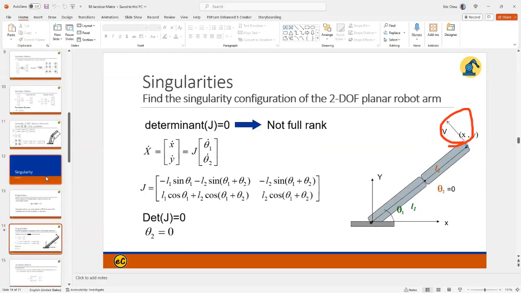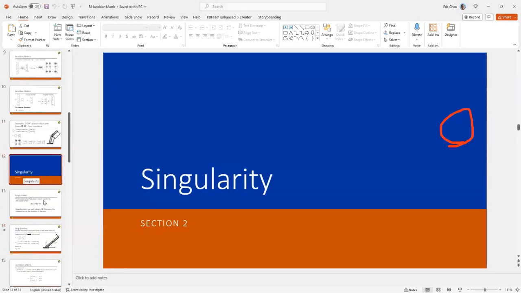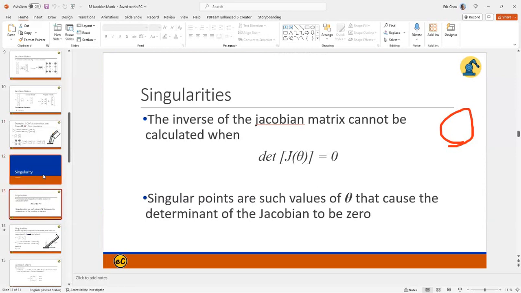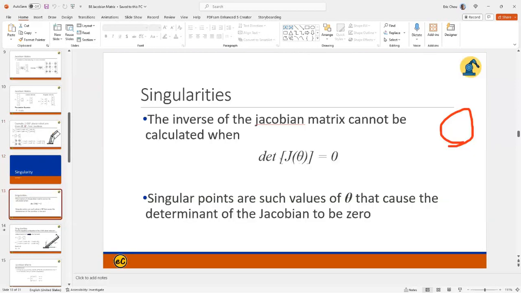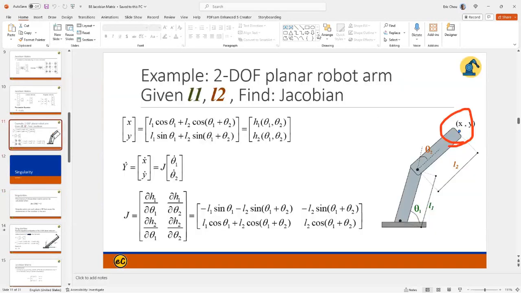Sometimes you have a singularity. The singularity happens when your Jacobian matrix determinant is 0. When will this happen? This happens when you sweep like a baseball bat, so theta 2 is not changing.